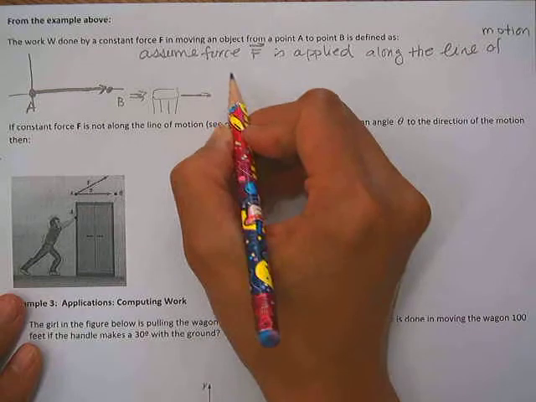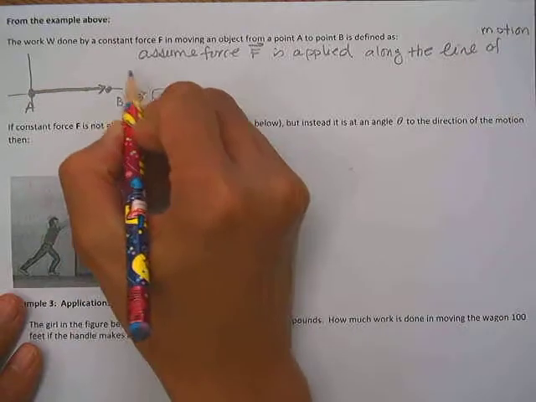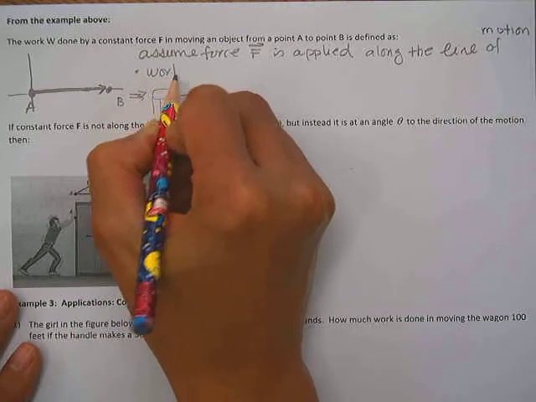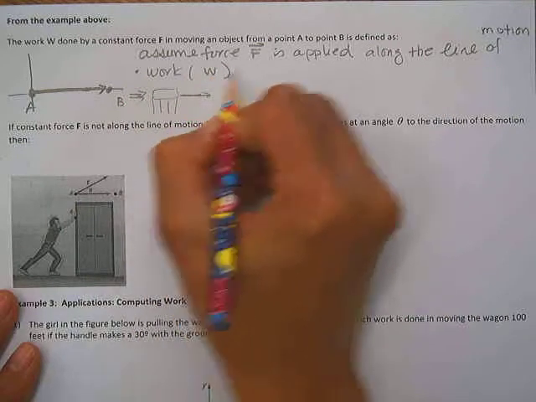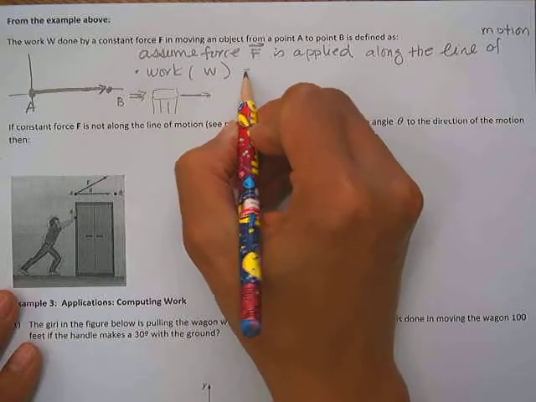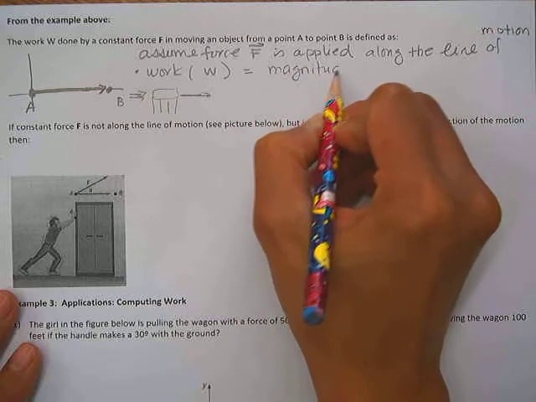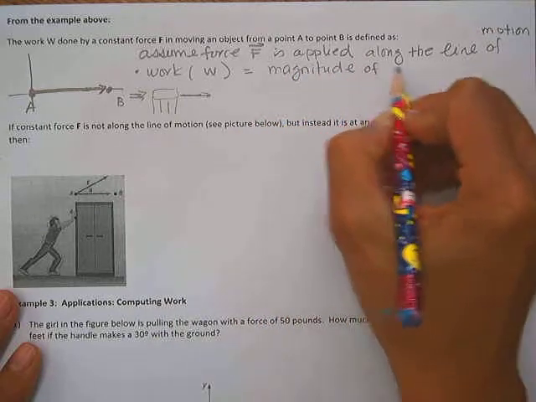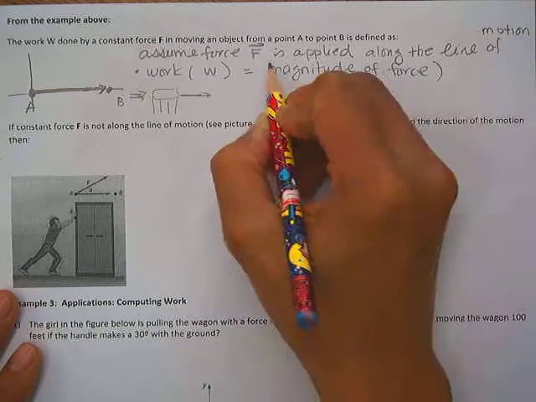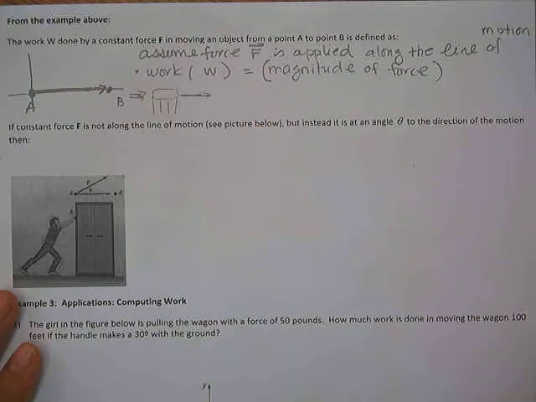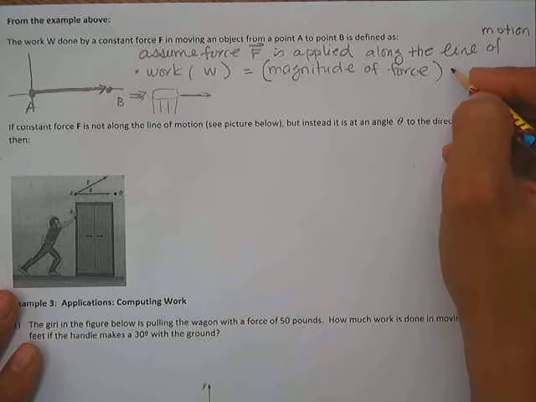So we're going to find the work. Work, which is represented by W, equals the magnitude of force times the distance.